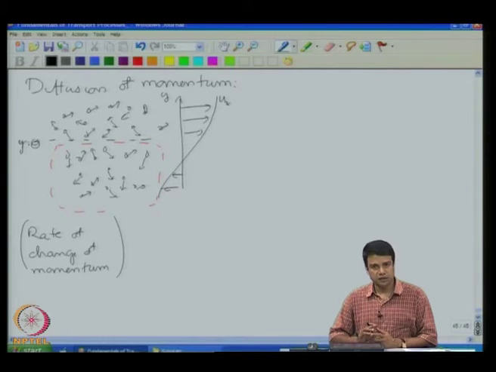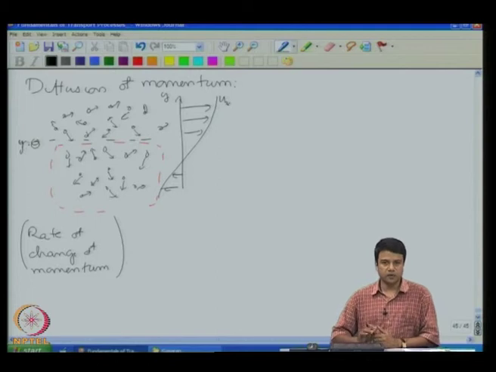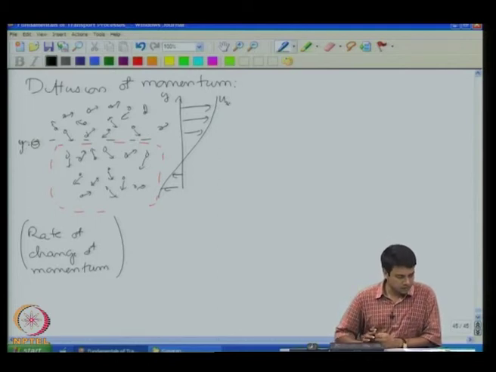So, the momentum only has an x component, there is no y and z components. However, there is a fluctuating velocity of the molecules in all directions. In particular, there is a fluctuating velocity of the molecules in both the x and y directions, and that will prove to be important when we discuss diffusion.